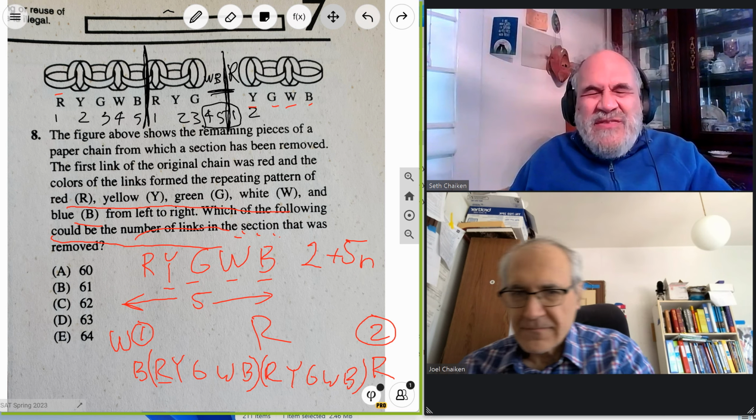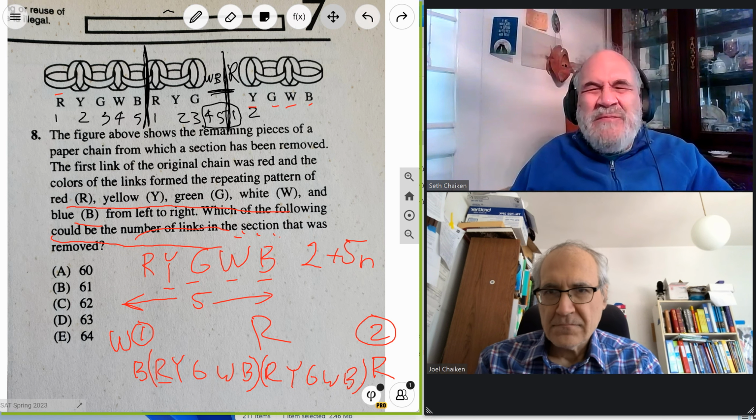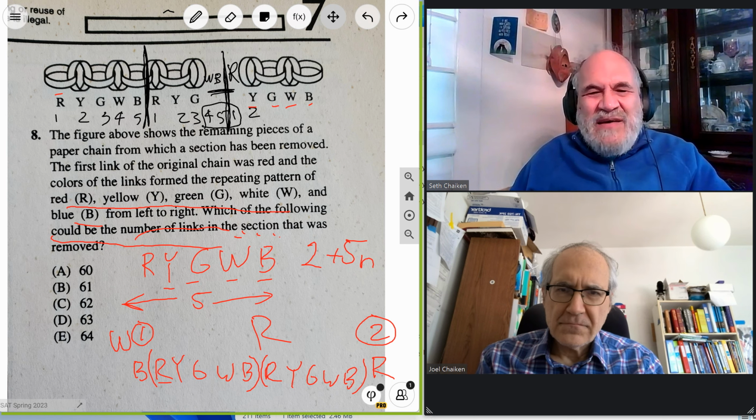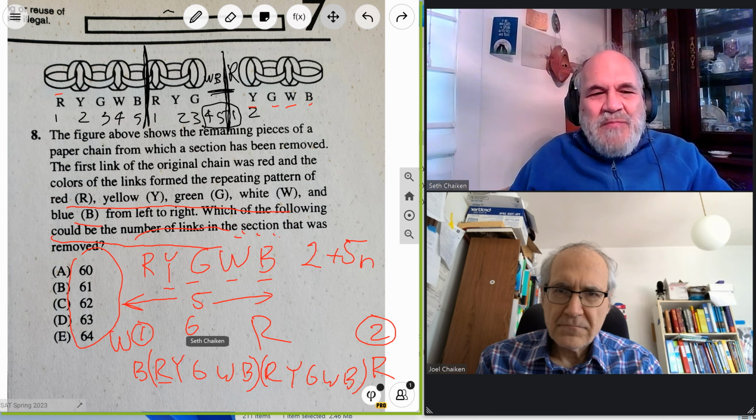And so now I start using a more advanced concept of math. Whatever number is here, if you would divide it by 5, what you would want to get is a remainder of 2. So 61 divided by 5, well, 5 goes into 60 evenly.